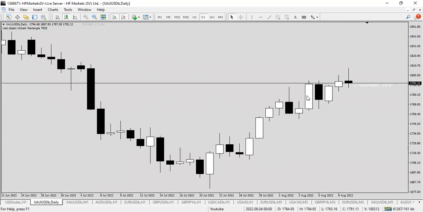Remember what I was saying about this up candle as it was trading into this fair value gap here, that in order for this to be bearish, there's a certain criteria that must be met, right? Didn't happen here, hasn't happened yet.